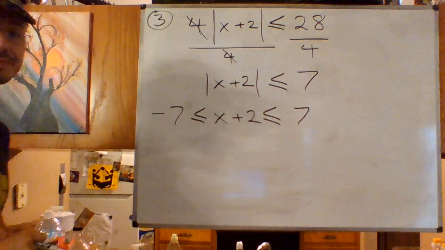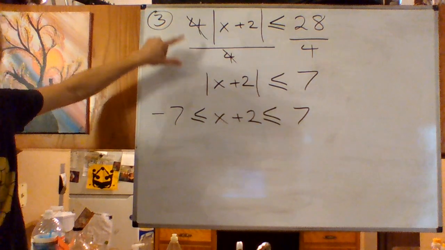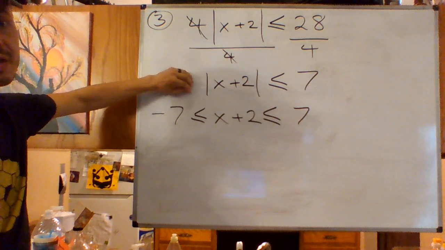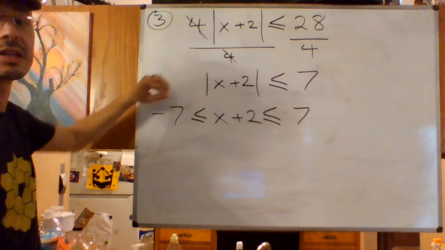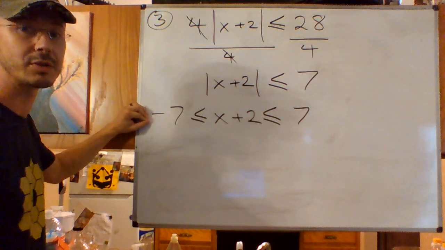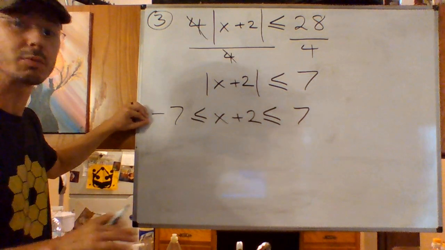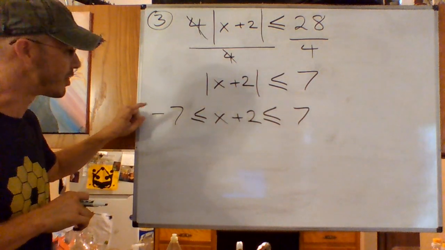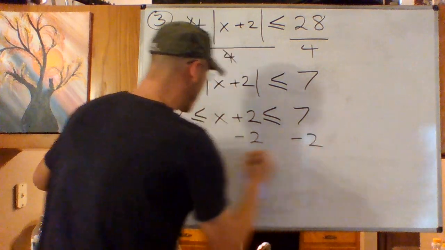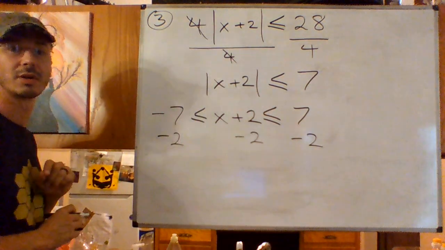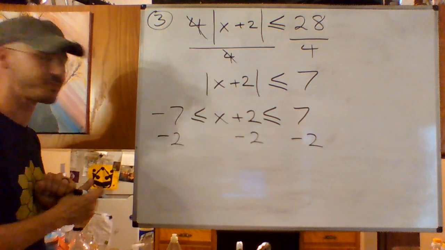And so I simplified one step, then I changed this absolute value inequality into a compound inequality with no absolute value. And this is the kind that I can solve. Actually, this is a one step. Subtract 2 from all 3 sides.